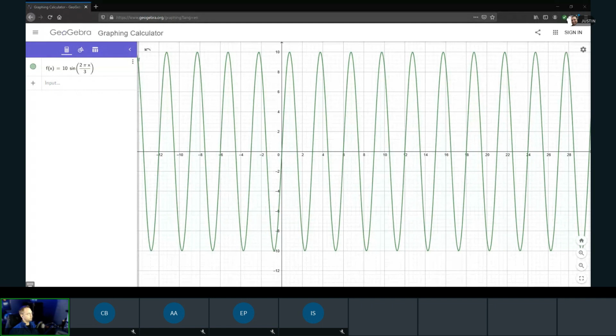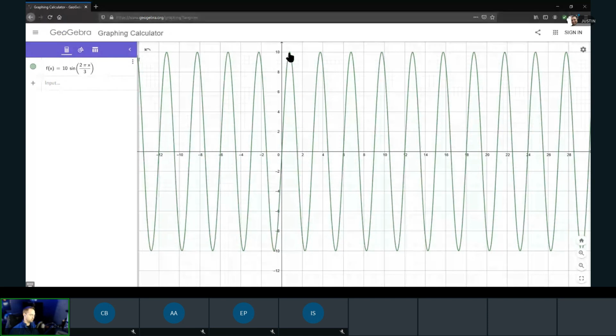All right. Looking at this graph, what is the amplitude? 10. Yeah. We can see that it goes to a maximum of 10. From the midline, which is the x-axis because there's no vertical shift, it's a distance of 10. So the amplitude is 10.